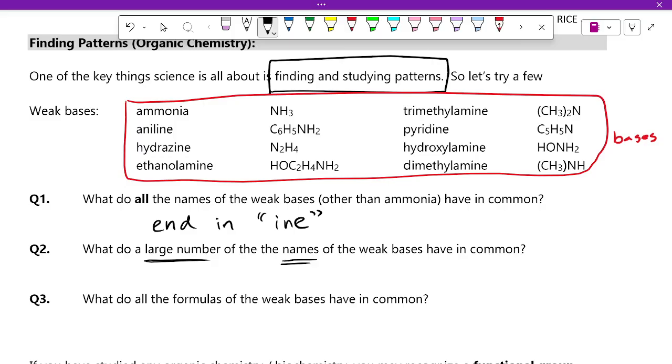They all end in INE, but a lot of them end in, what do the names have in common? Most of the names. They end in amine, okay?